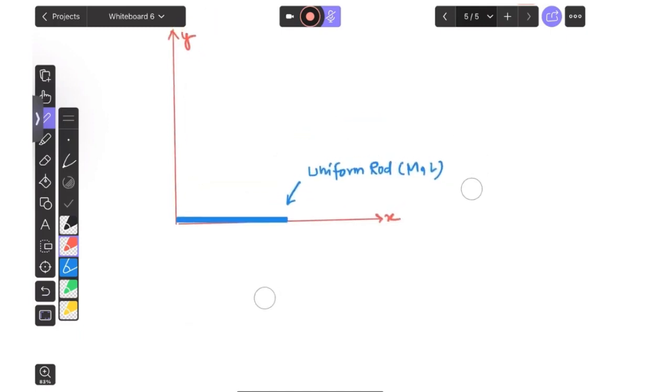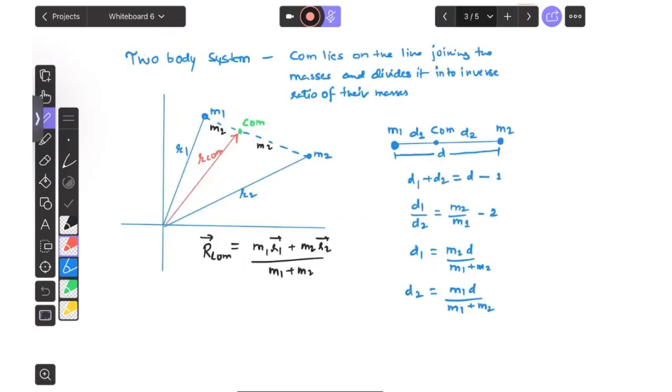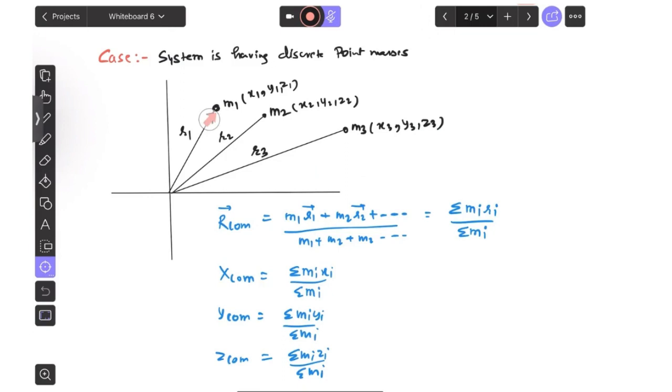What we'll do is think of our rod as made out of an infinite number of point masses kept next to each other so as to form a line, each point mass being very small, as small as an atom's thickness. Earlier, when we had discrete point masses in a system, we found the position of m1, multiplied it with m1, then the same with m2 r2 plus m3 r3 and so on.